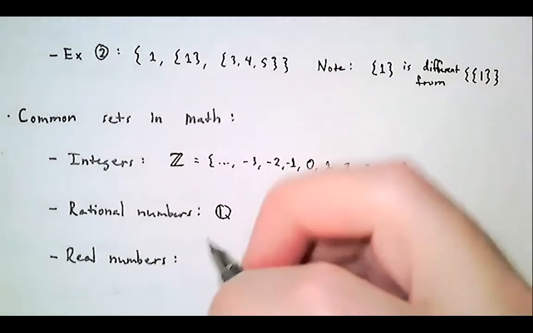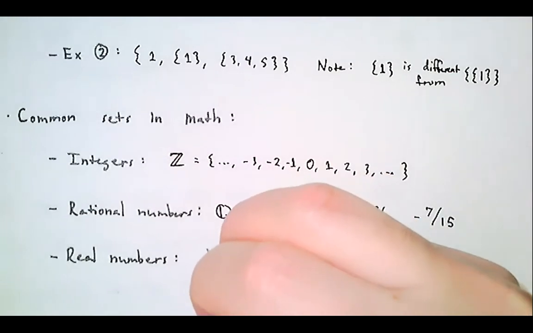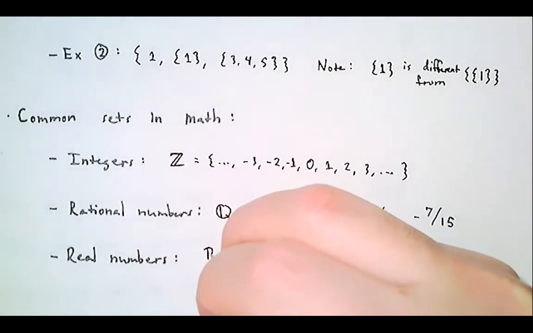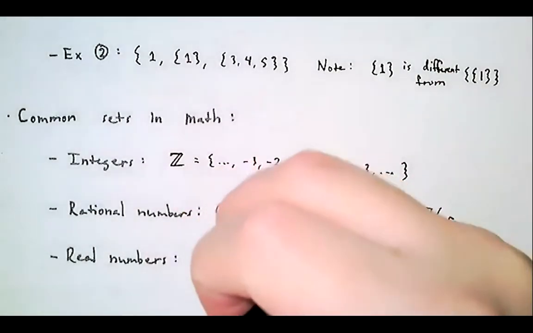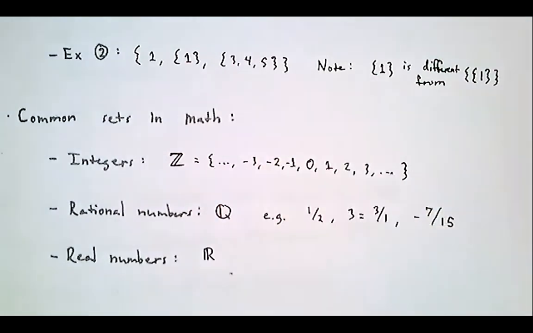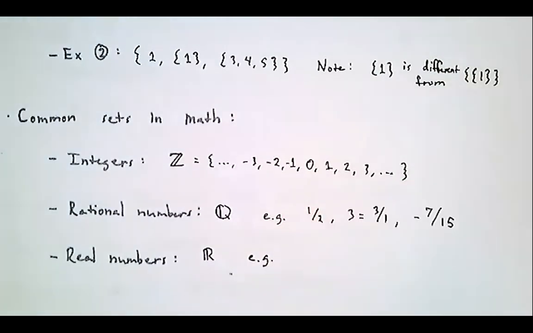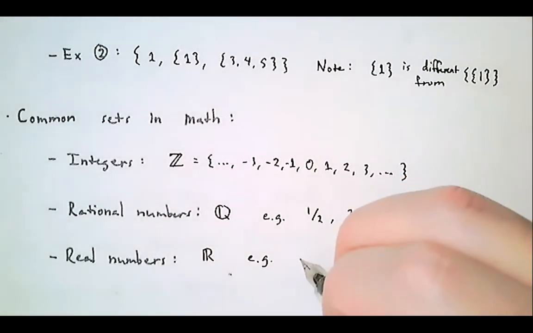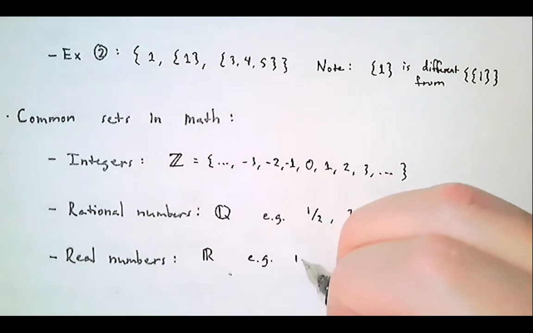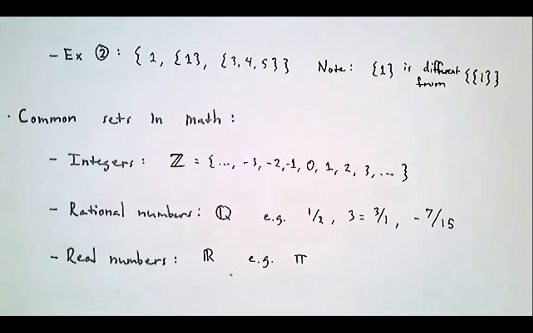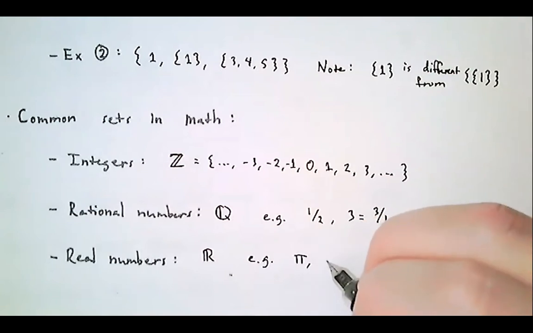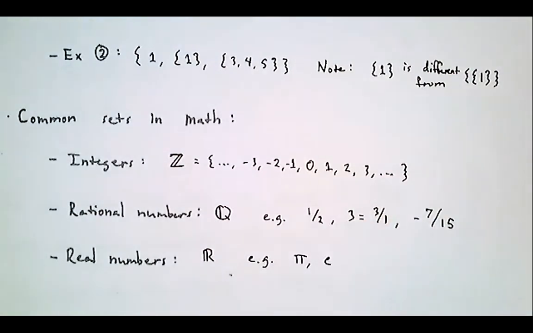And finally, we come to the real numbers. And the symbol for these is an R with an extra vertical line. The real numbers include special numbers like pi that you learn in geometry. You might have run across the number e before.